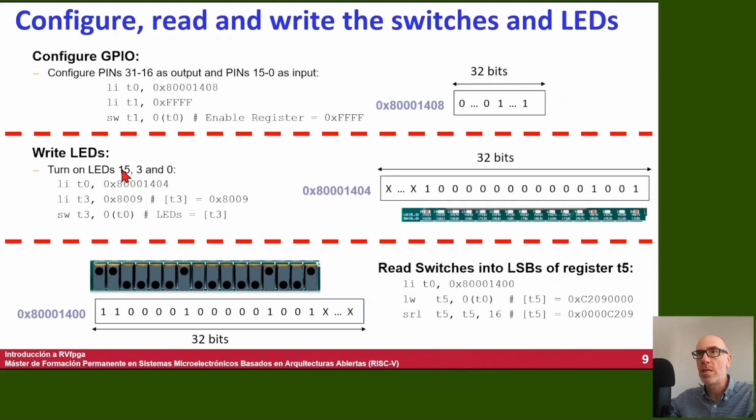We want to turn on LEDs 15, 3, and 0, so the value is 8009 in hexadecimal. We then store this value at the address. This writes 8009 hex to register 1404, which in binary is a 1, followed by zeros and ending with 1001, turning on the intended pins.